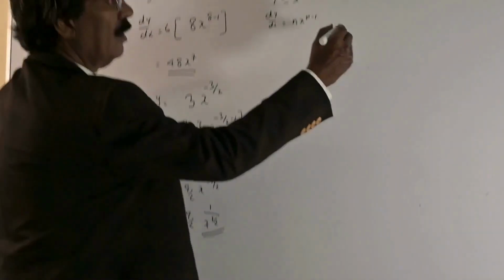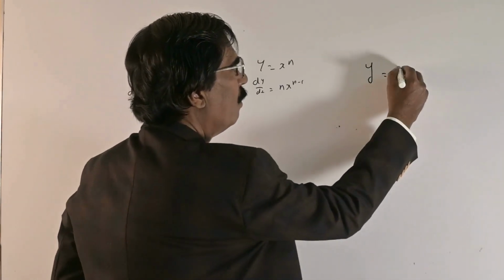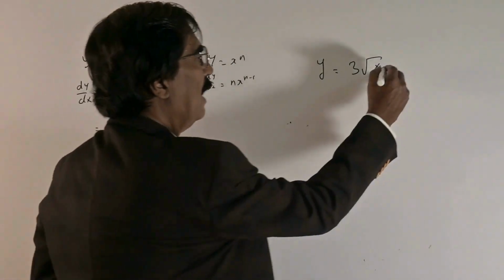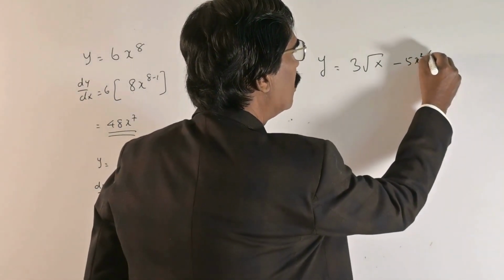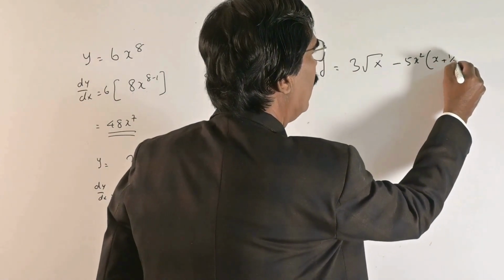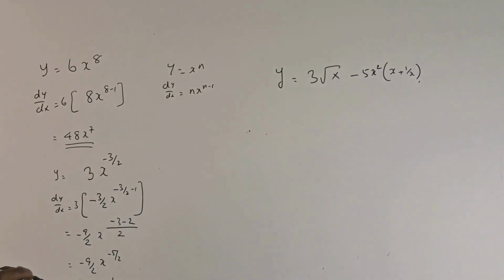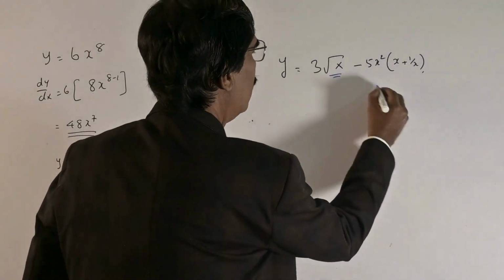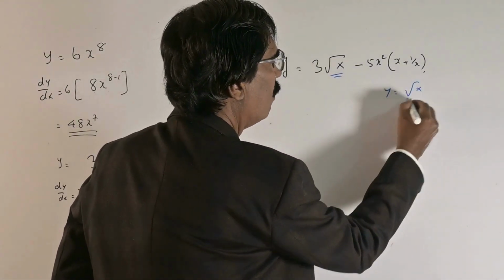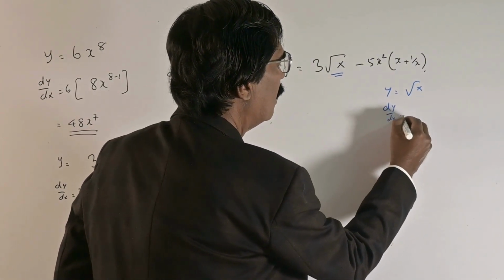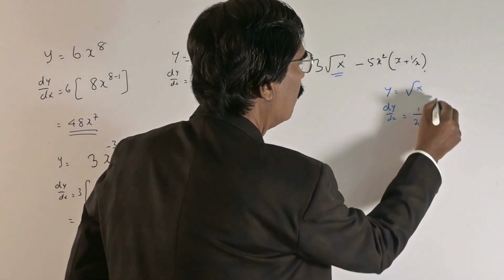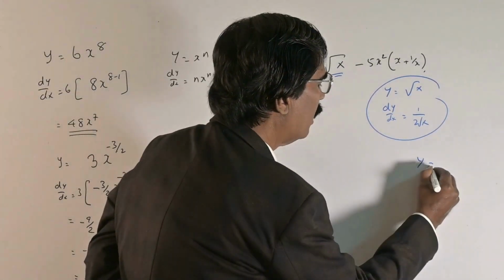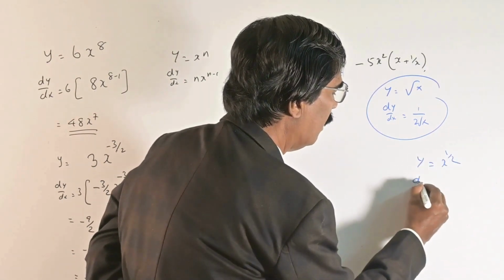Correct? Now look, y is equal to 3 root x minus 5 x square into x plus 1 by x. Now what to do for this? Now this root x, I said when y is equal to root x, dy by dx is 1 by 2 root x. Is it not? How has it come? You yourself can realize. See, what is root x? X to the power of half.